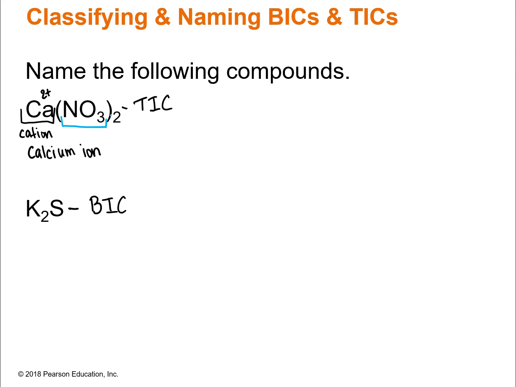Now we need to identify this polyatomic anion. Look at your sheet and tell me the name of the ion and its charge. So this is the nitrate ion.